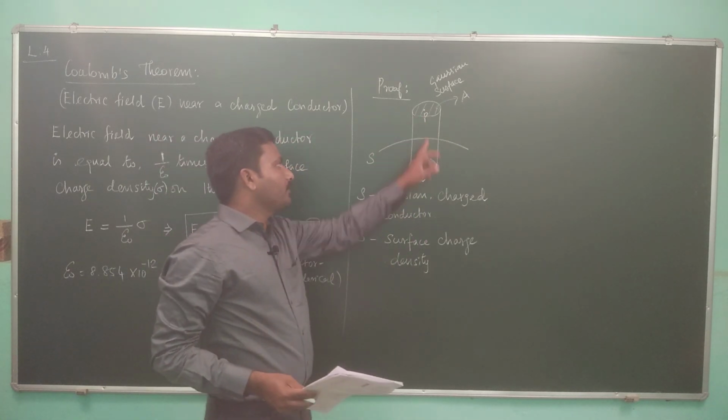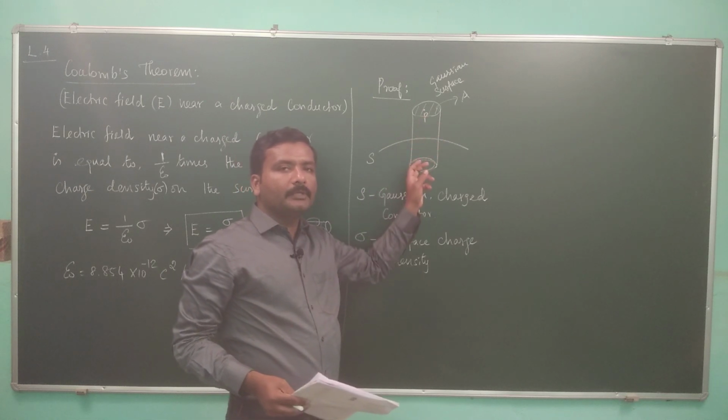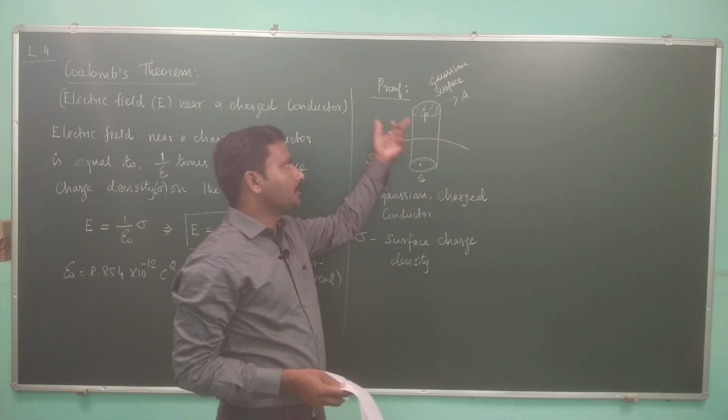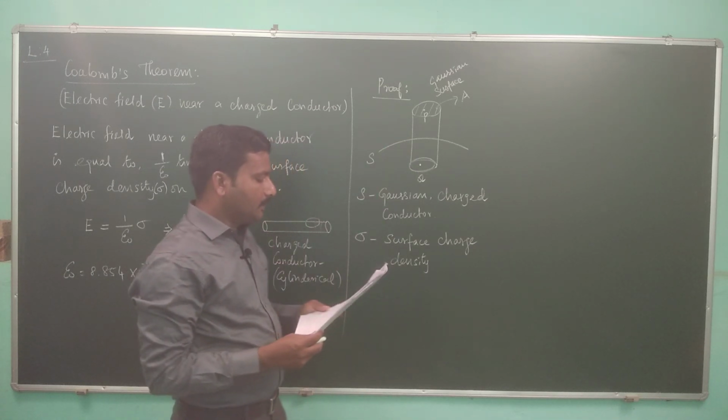Joining the two surfaces created at the points P and Q will yield a cylindrical shape.